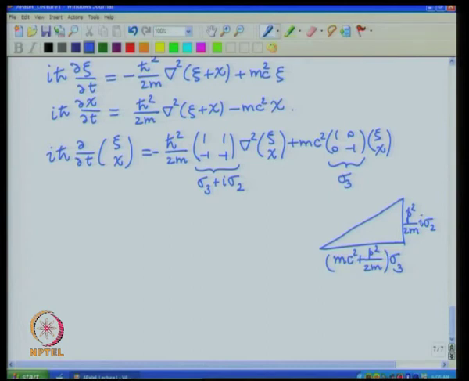Now, I have chosen to draw a right angle triangle because in this 2 dimensional space sigma 2 and sigma 3 represent orthogonal coordinates, and one can indeed rotate them by performing a rotation about the direction which is orthogonal to both of them, and which happens to be the direction corresponding to the third Pauli matrix sigma 1.